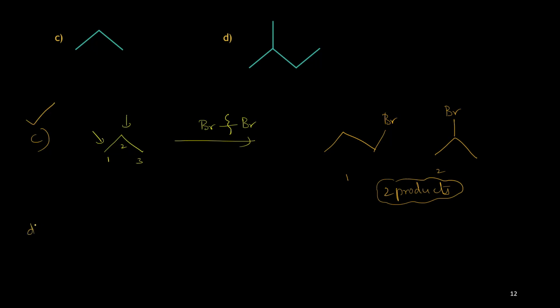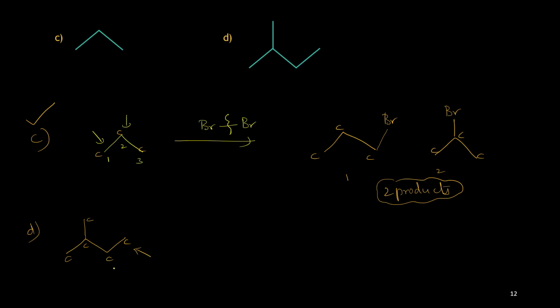So D can make many products. There are many possibilities. So where is my carbon, carbon, carbon, carbon, carbon? If you have a doubt with the line this way, you can write carbons instead. So what are the possibilities now? I can attach my bromine here.